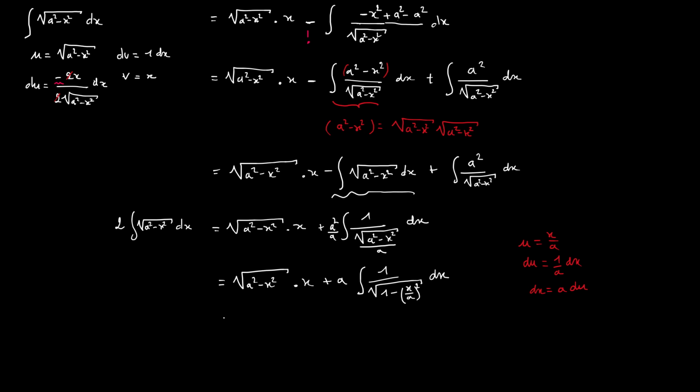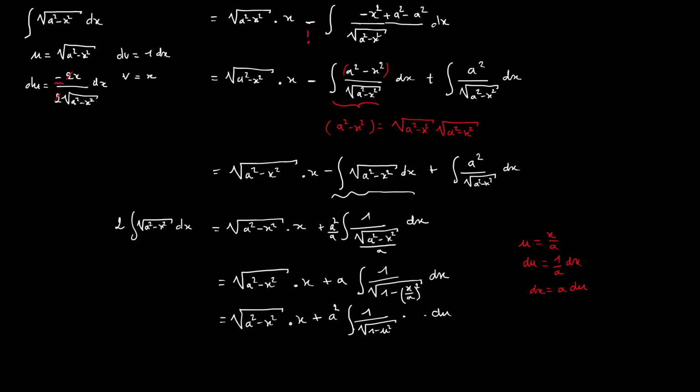Let's fill that in, and we find that this is the square root of a squared minus x squared times x plus a times the integral of 1 over the square root of 1 minus u squared times a times du. Bringing out that a, we find over here that a becomes a squared.